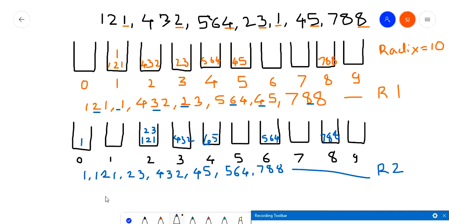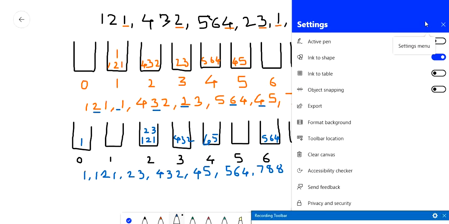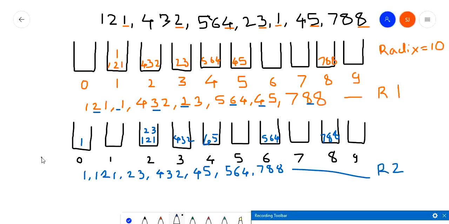So I will directly write here because I don't have enough space now. Or otherwise I can use one more canvas. I think you have noted these particular things. Better I will make the buckets here itself.